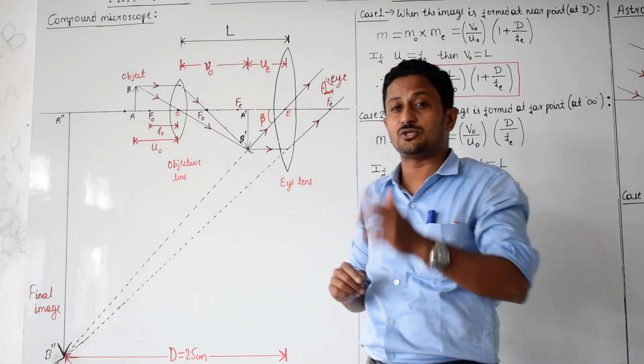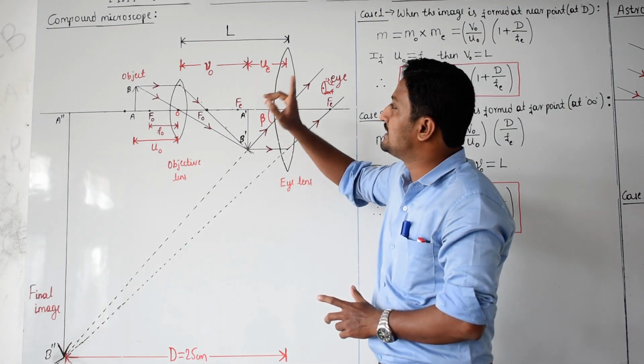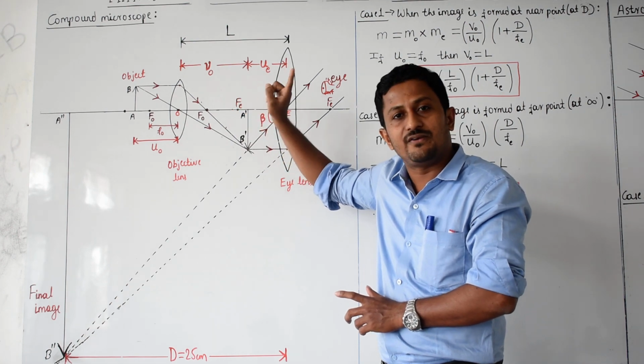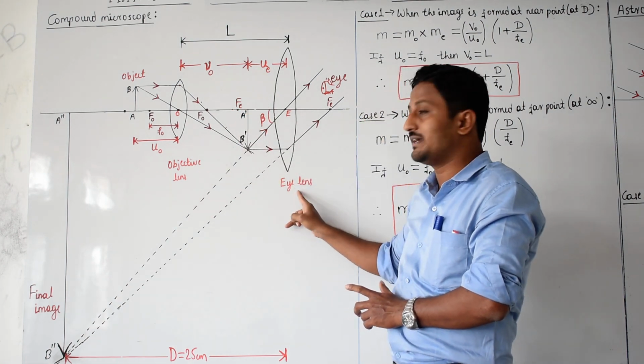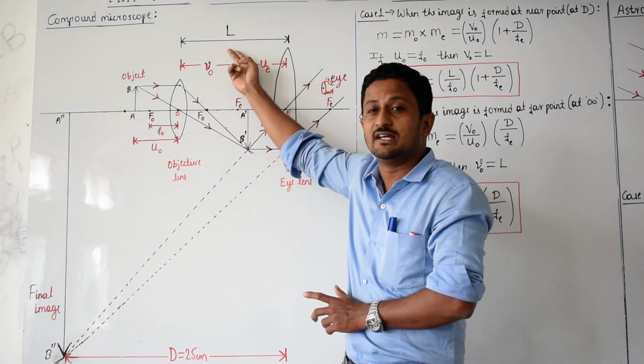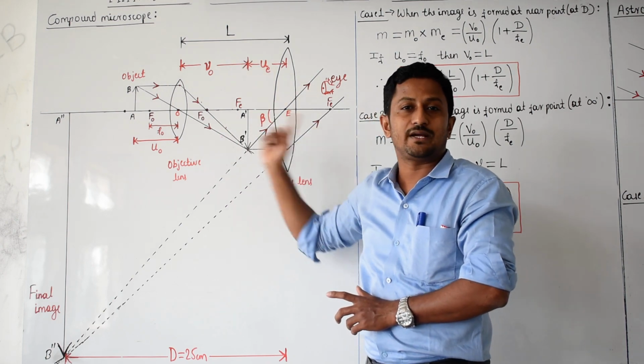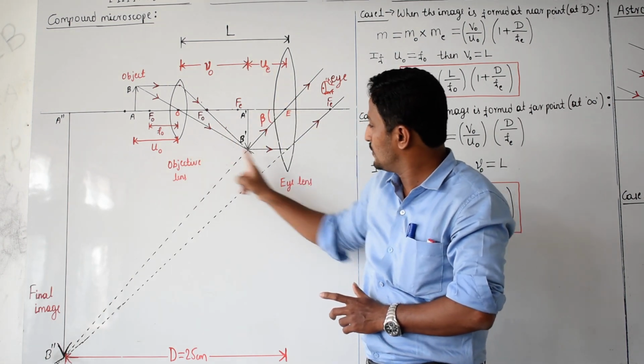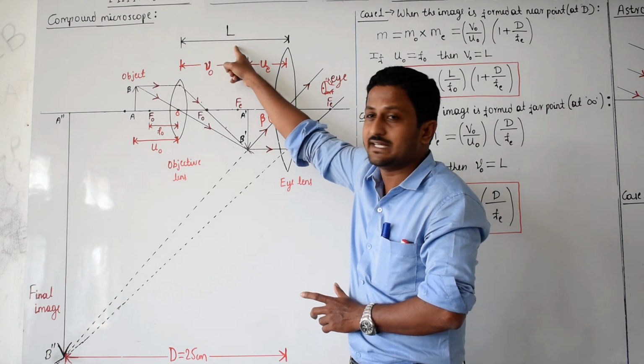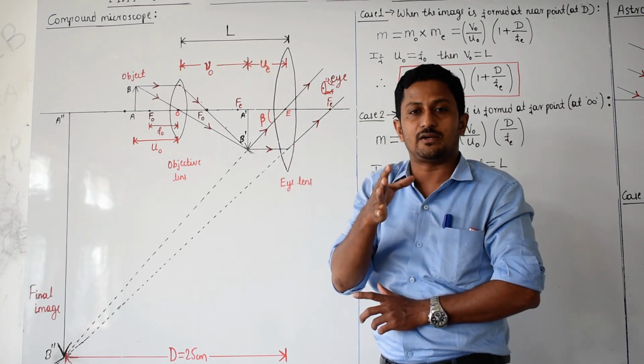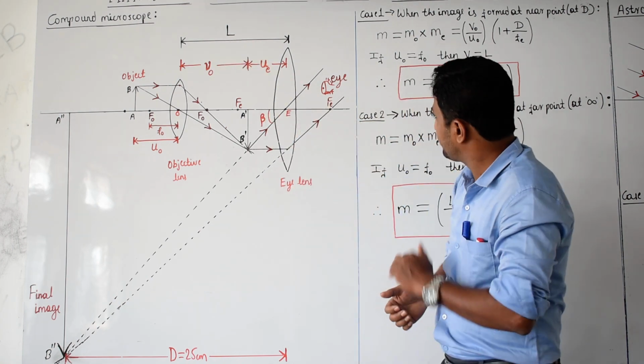And one more thing you should know here: the distance between the objective lens and the eye lens is called the length of the microscope. From here to here, that I mentioned, L is the length of the microscope. Have you understood? Yes.